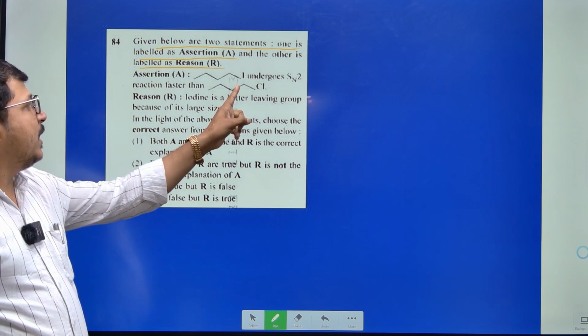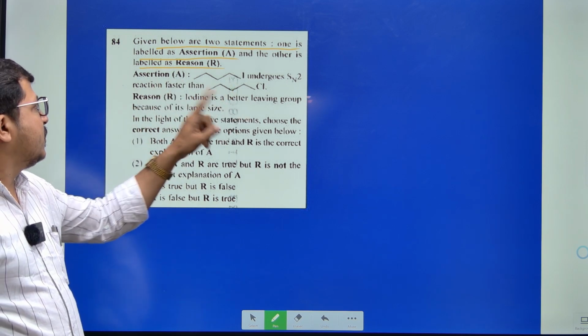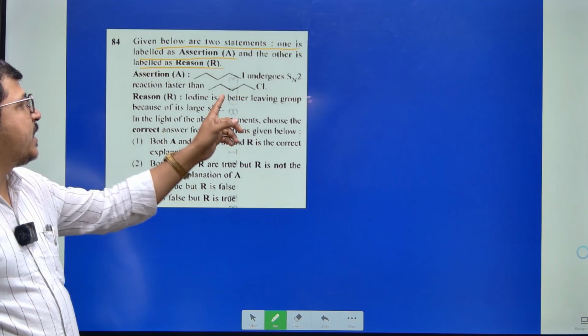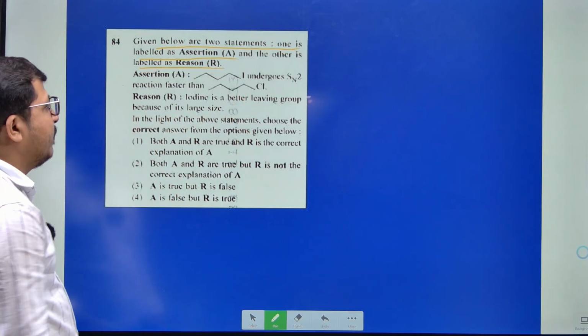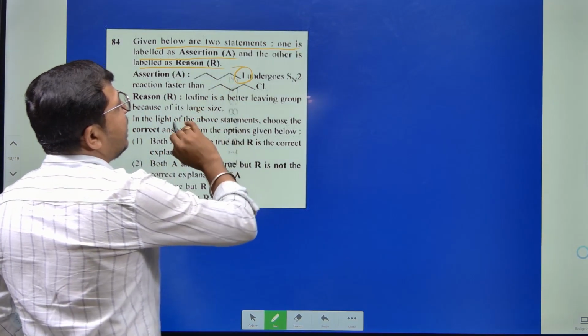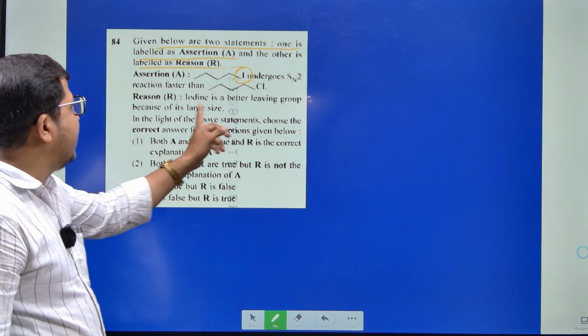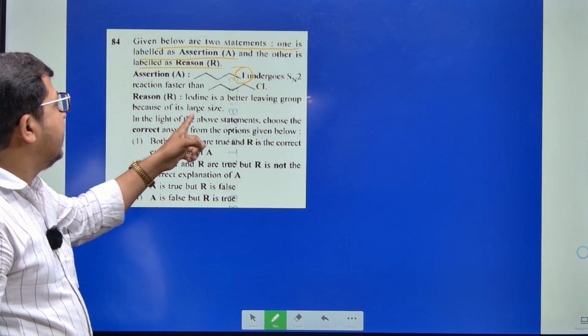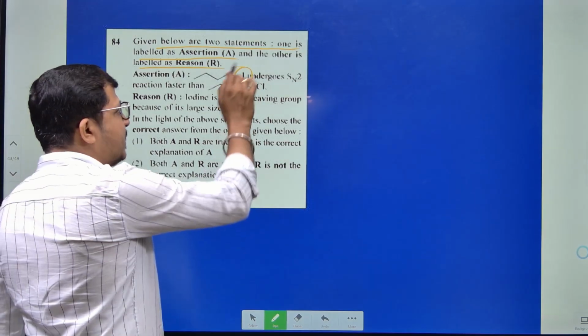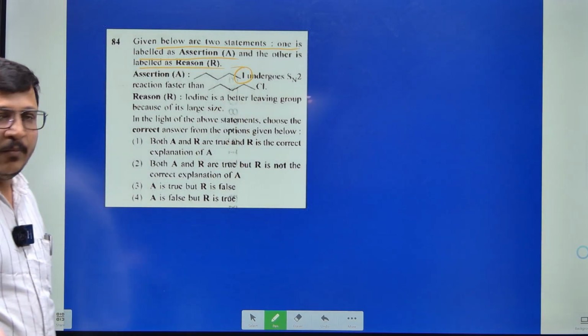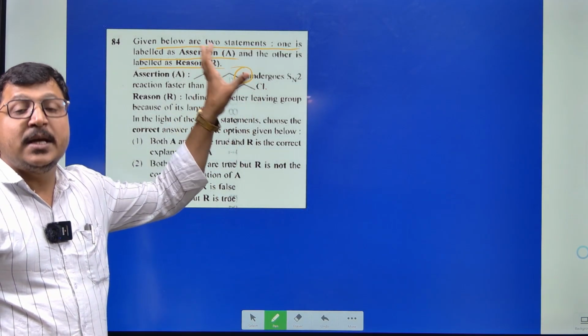Iodobutane undergoes faster SN2 reaction than chlorobutane, because iodine is an easy leaving group and a more reactive group. In the reason they have given, iodine is a better leaving group because of its larger size. Due to its larger size, its reactivity is more and it is an easy leaving group.